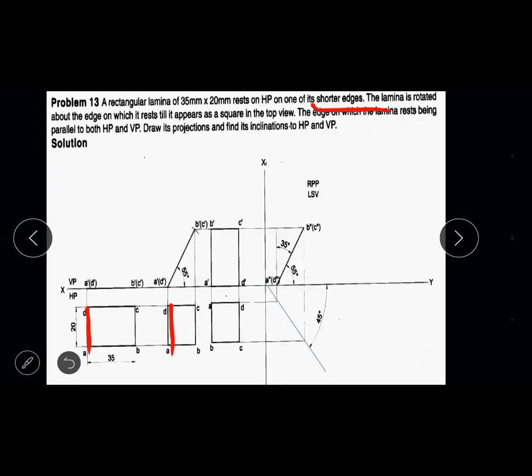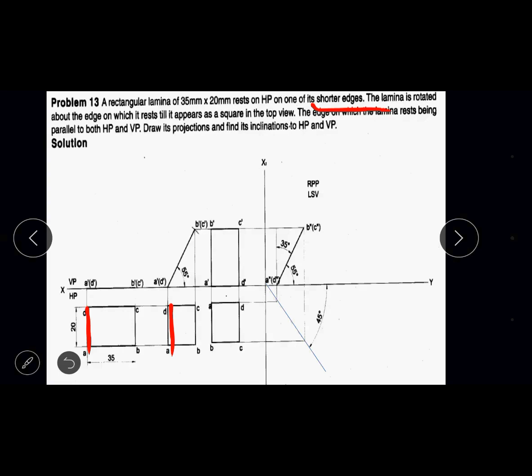So whatever the case, in whichever way you rest the rectangle, if you rest it with the shorter edge, you will get the top view in the form of a square lamina of side equivalent to the shorter edge of the rectangle. If you rest the rectangle with the longer edge, then the resulting top view of the lamina will be a square of side equivalent to the longer edge.